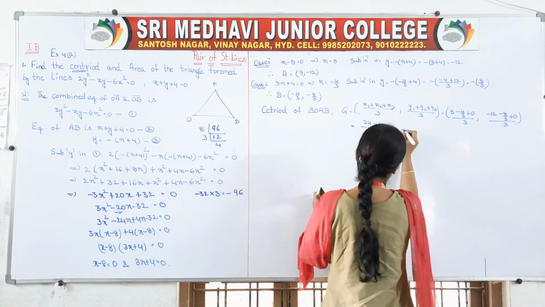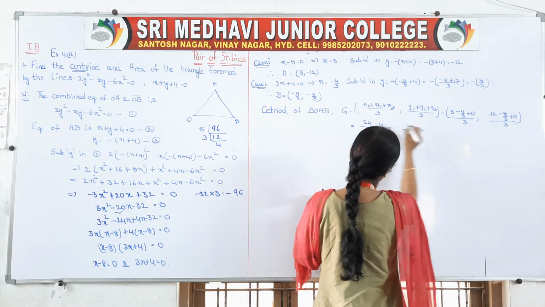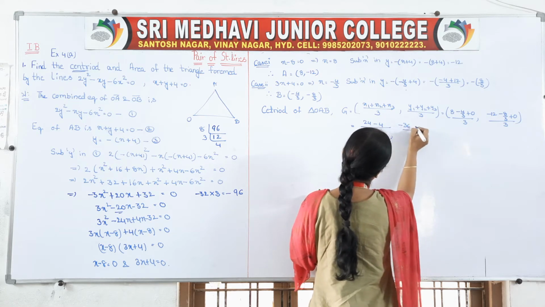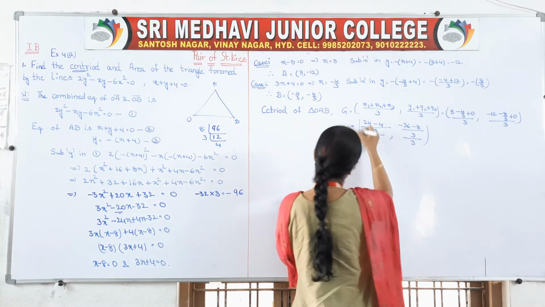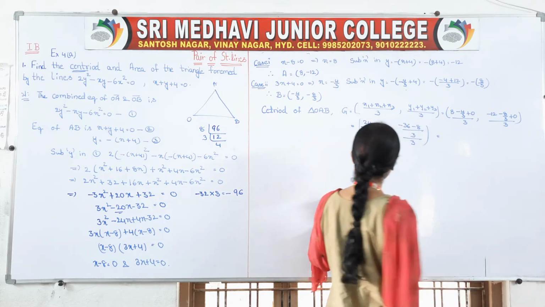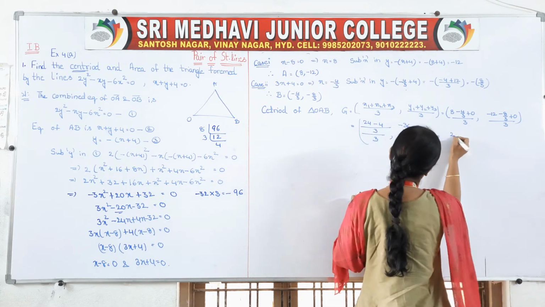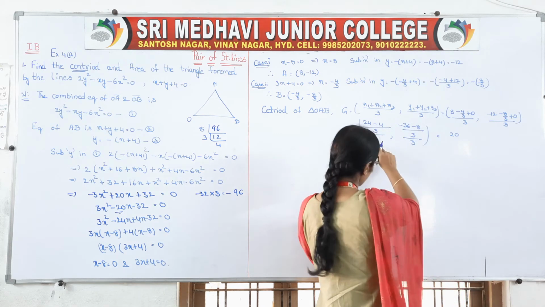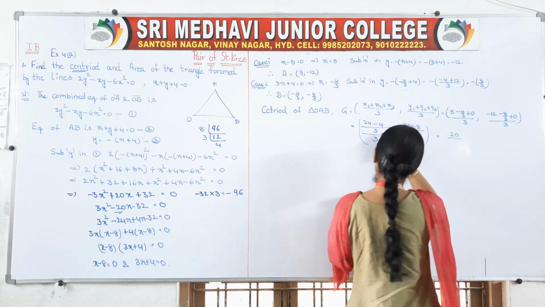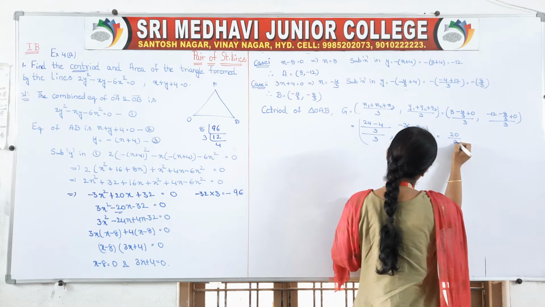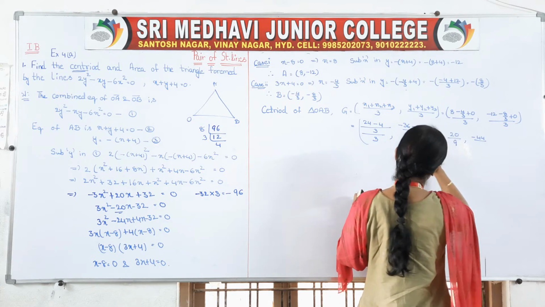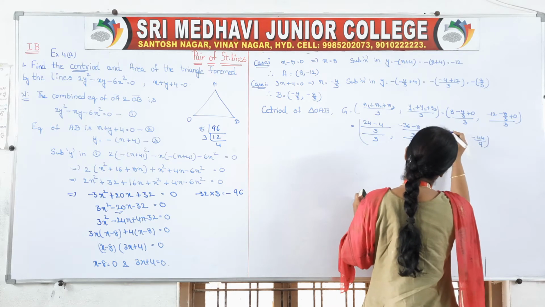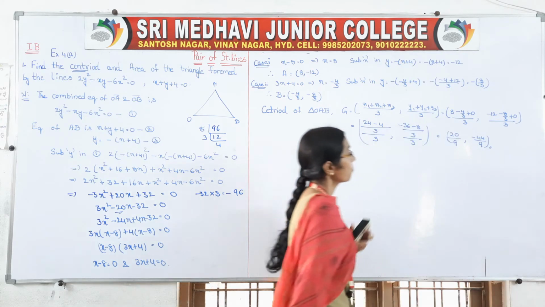Similarly, 3 is the LCM, 12 3s are 36 minus 8 by 3. So 24 minus 4, that is 20 by 3 by 3. That means 3 comes here, it is 9. And it is minus 44 by 3 comes downwards, 9. This is your centroid.